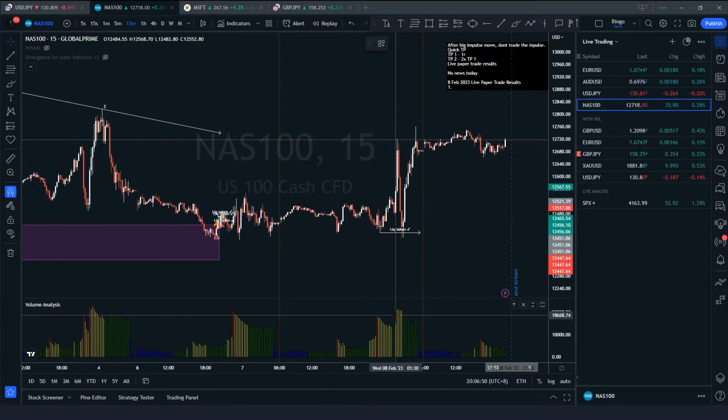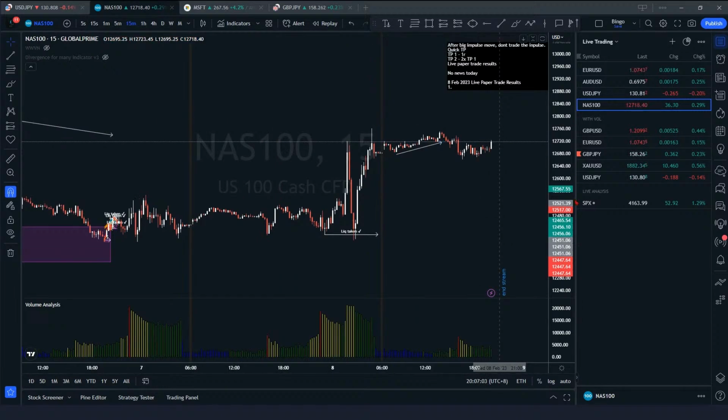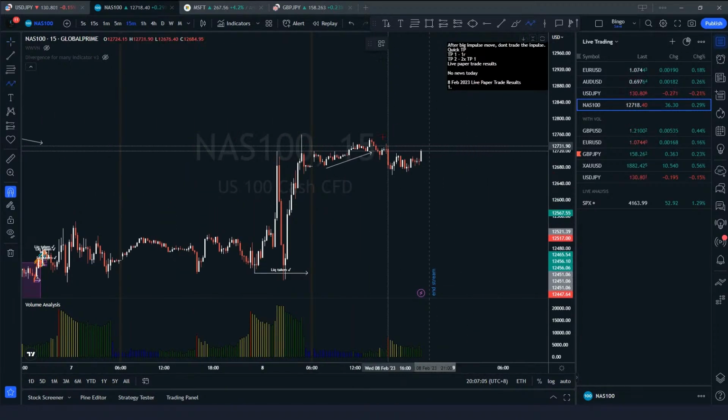Okay, this is probably Proel's news. So we failed to break this higher. We created sell side liquidity over here. This was taken, and we have a minor break of structure to the downside. Now price is building sell side liquidity.